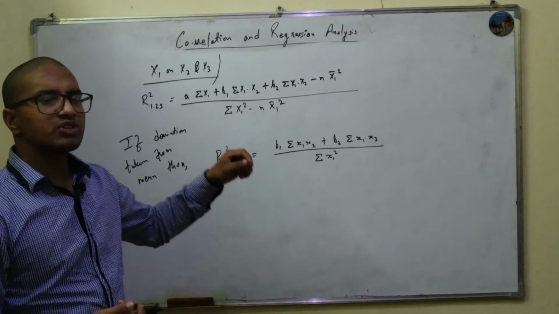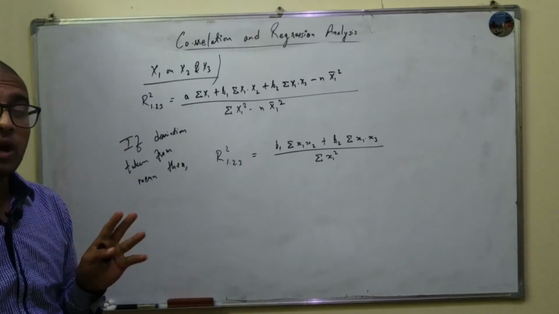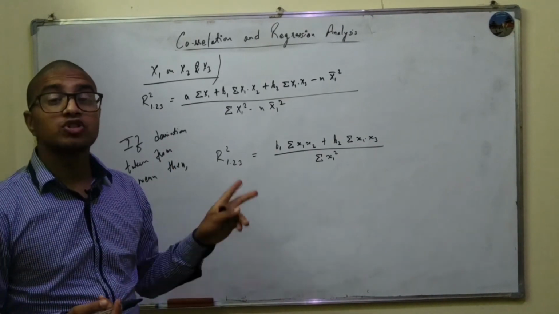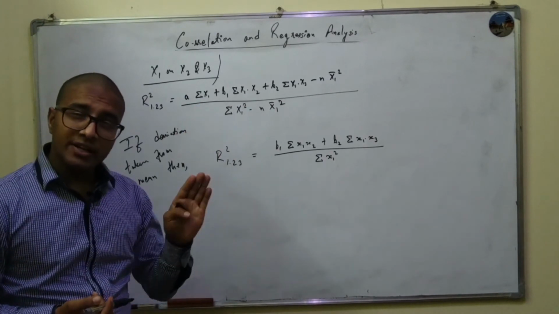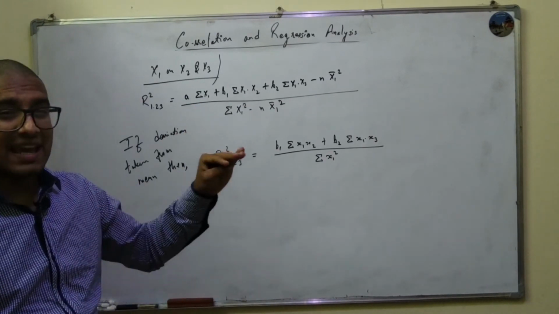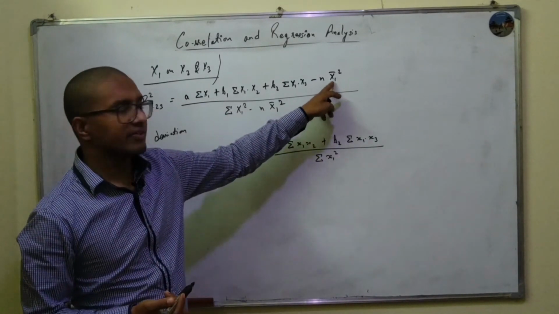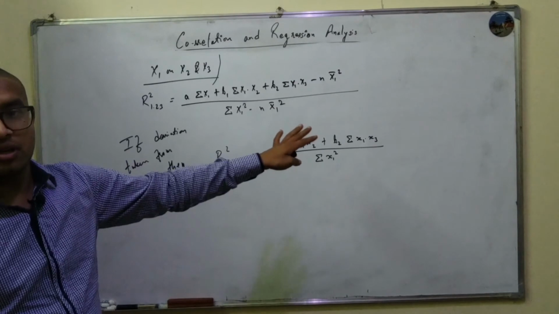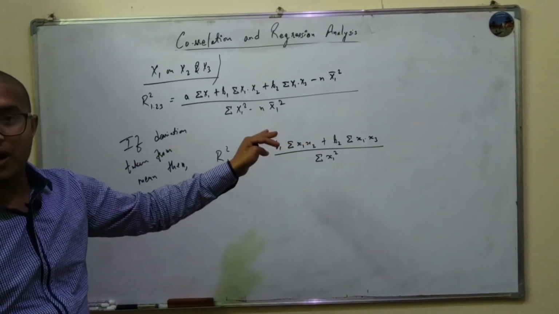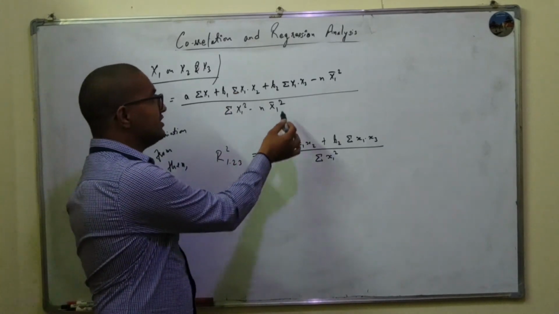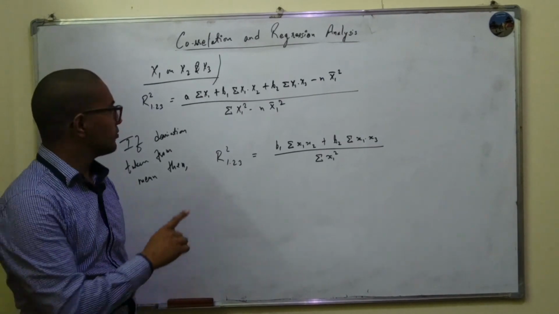So your formula will be a times summation x1 plus b1 times summation x1 x2, plus b2 times summation x1 x3, minus n times your x1 mean whole square, divided by summation x1 square minus n times x1 mean square. Remember, this is only the mean square, not summation of x1 square, so don't be confused with the sign.